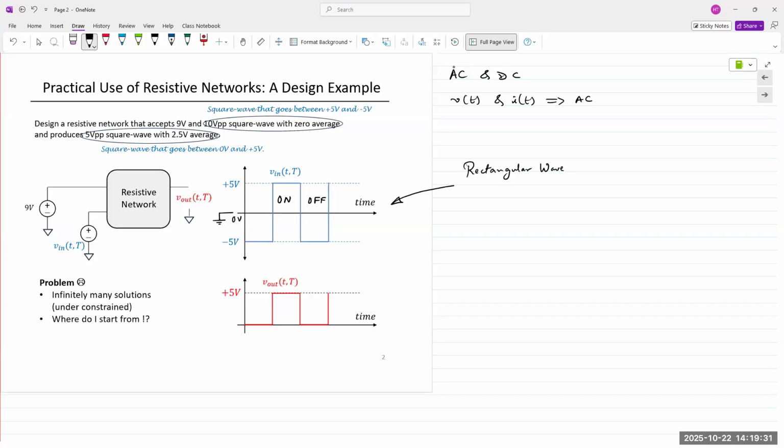The ratio of these cycles is known as a duty cycle. So a duty cycle is the amount of time the waveform is on to the amount of time it is off. Okay, so again, a duty cycle is T on over T off.